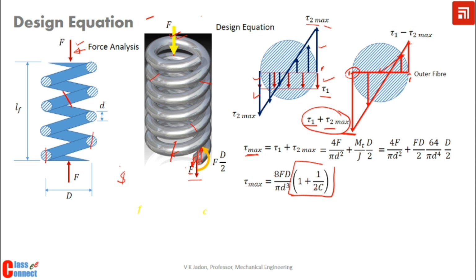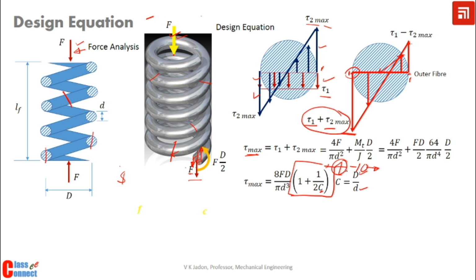And this factor is known as the stress multiplication factor, and the new term C is known as spring index and given by D by d. The commonly used values of spring index are from 4 to 10, we can take the general range from 4 to 10. It can be in decimal, it can be in fraction, it can sometimes be less than this and sometimes more than this, but in general if we have to assume, we assume between this.